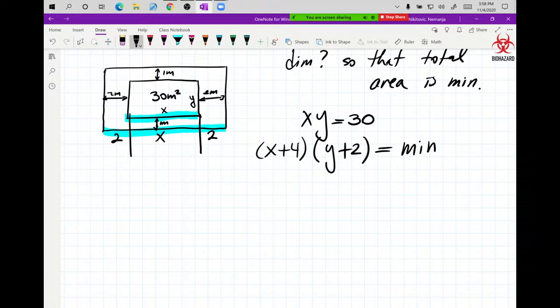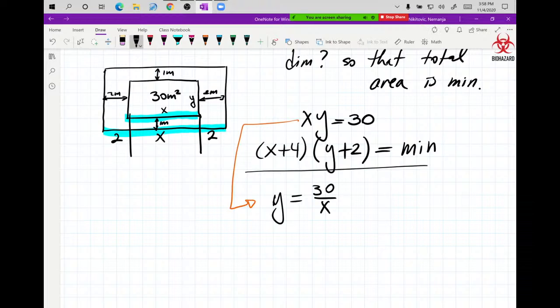So we have figured out the two equations. Guys, the rest is a joke, right? What I need to do is to always have the same steps. Solve for any of the two variables on the top. So let's say y is 30 divided by x.